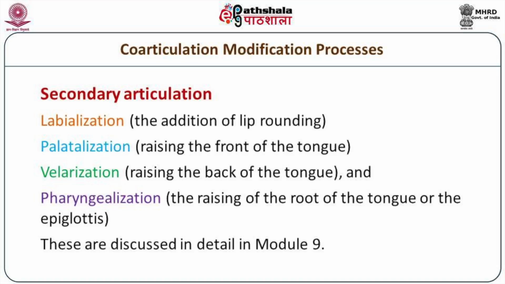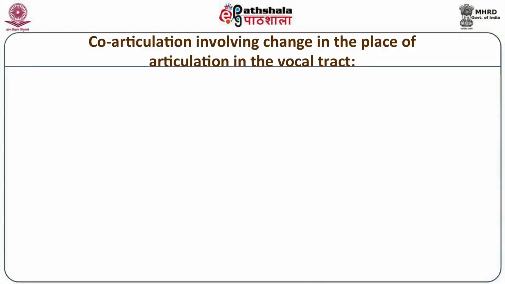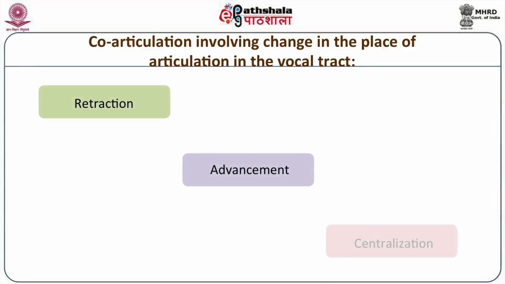So in addition to secondary articulation as a co-articulation type, we also have place of articulation changes, manner of articulation changes, etc. Co-articulation involving change in the place of articulation are of the following types, such as retraction, advancement, centralization.